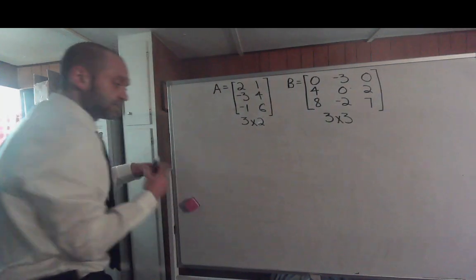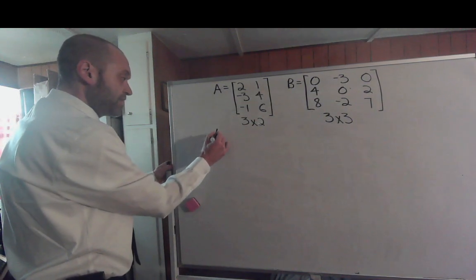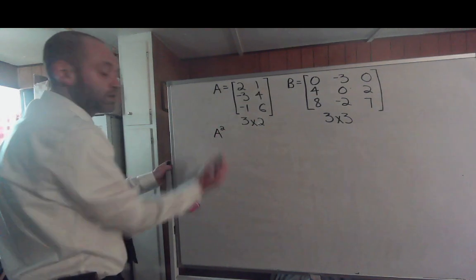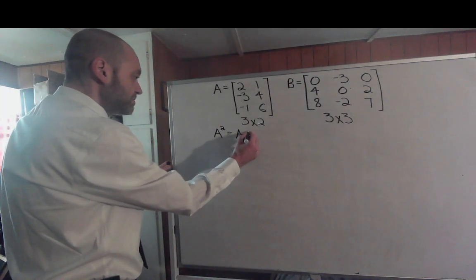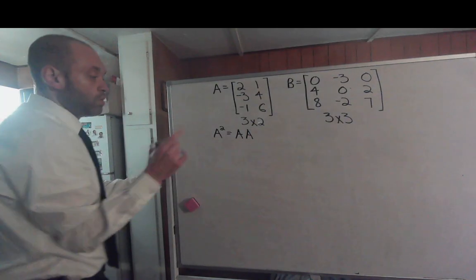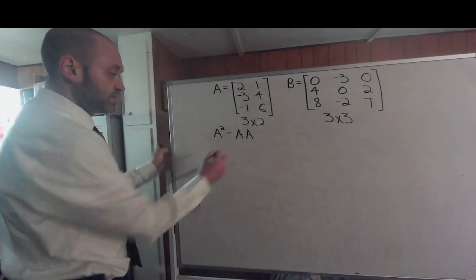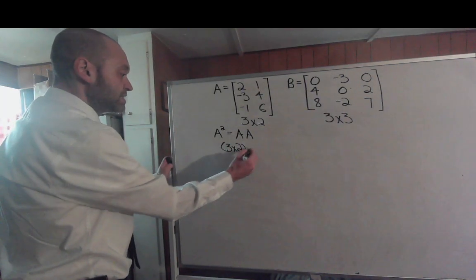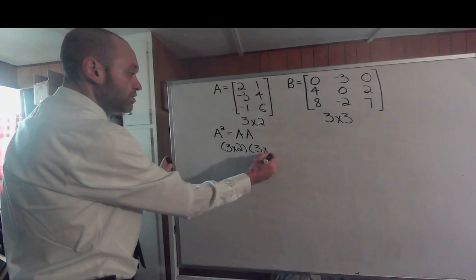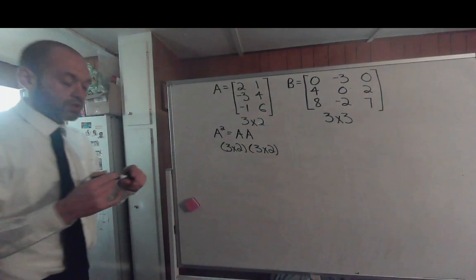Well, last but not least, let's see if we can evaluate A squared, which is the same as A times A. Well, A is a 3 by 2, right? We're going to take a 3 by 2 times a 3 by 2, right? There's just one problem.